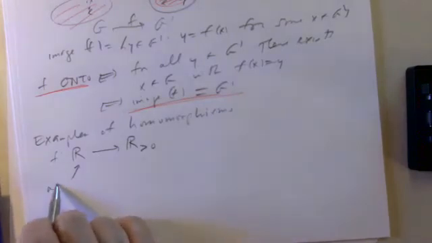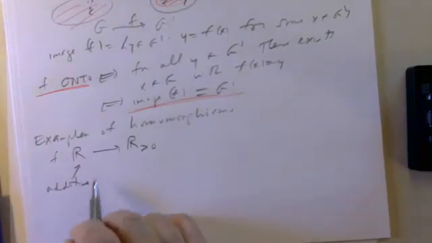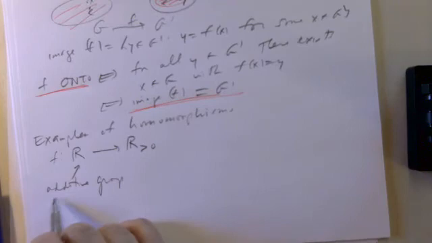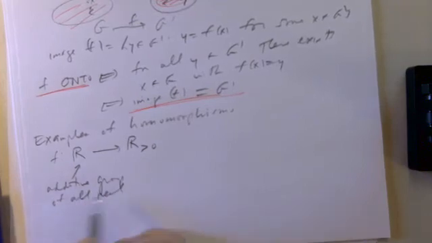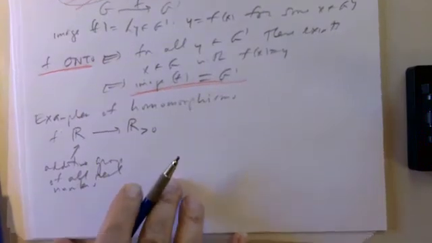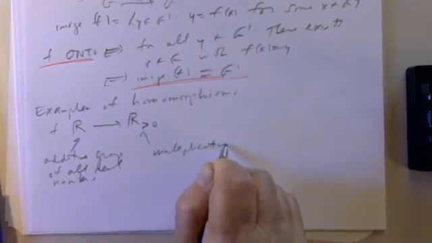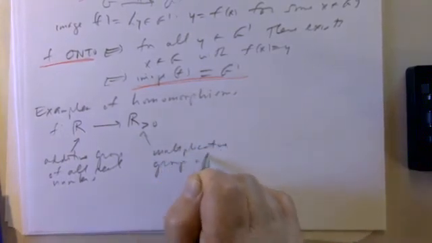So this is the additive group of all real numbers. Right? You know you can add numbers. This is the multiplicative group of positive real numbers.